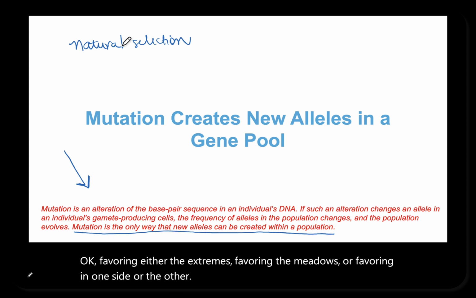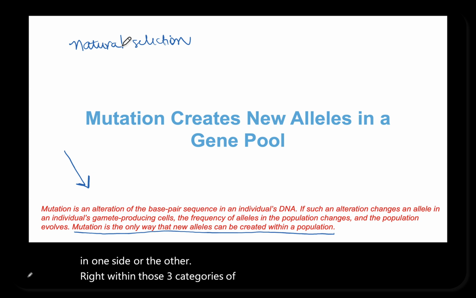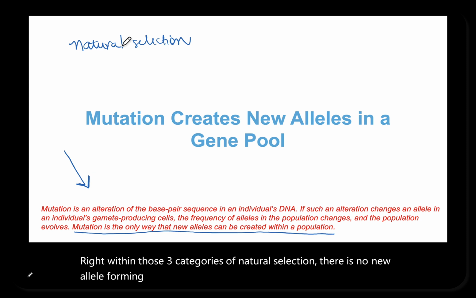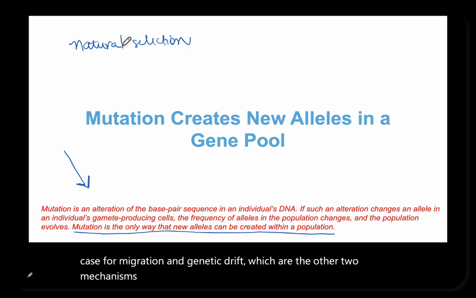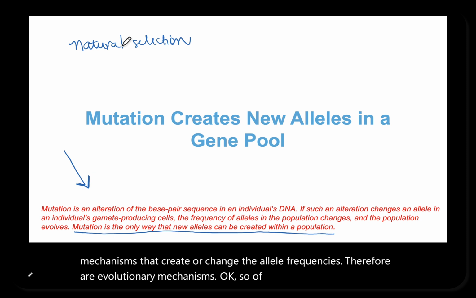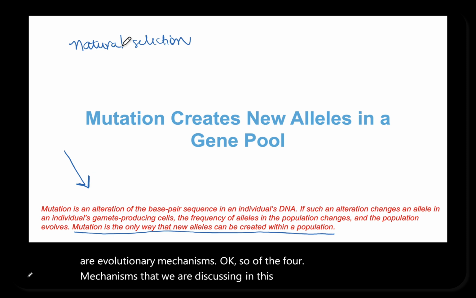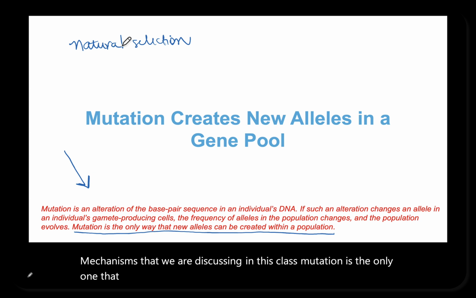Within those three categories of natural selection. There is no new allele forming in the case of natural selection. That's also the case for migration and genetic drift, which are the other two mechanisms that change the allele frequencies, and therefore are evolutionary mechanisms, okay? So of the four mechanisms that we are discussing in this class, mutation is the only one that actually creates a new allele in that population.